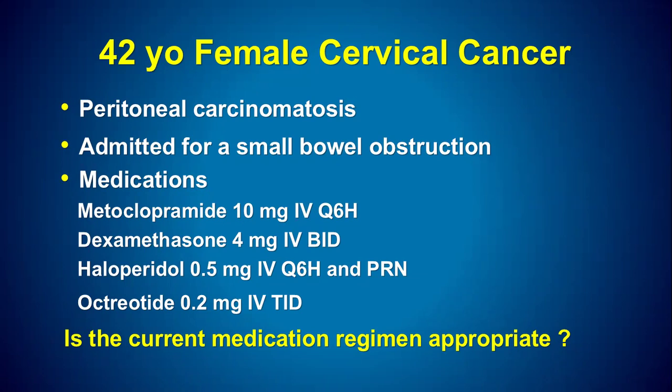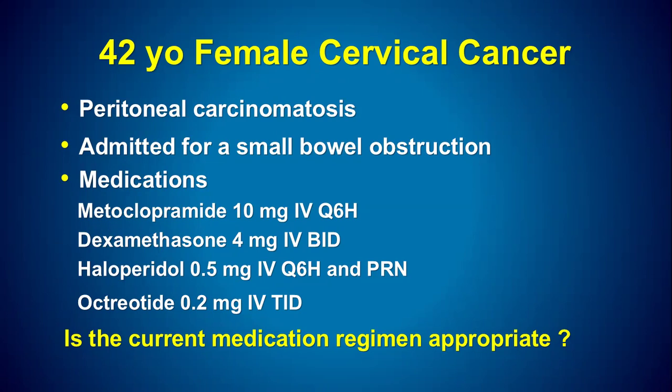Okay, omit metoclopramide. Why? Any particular reason why you want to omit metoclopramide? You're feeling it's a complete bowel obstruction. Is that what you're saying? Okay, so if it is a complete bowel obstruction, you would omit metoclopramide. What if it's a partial bowel obstruction?